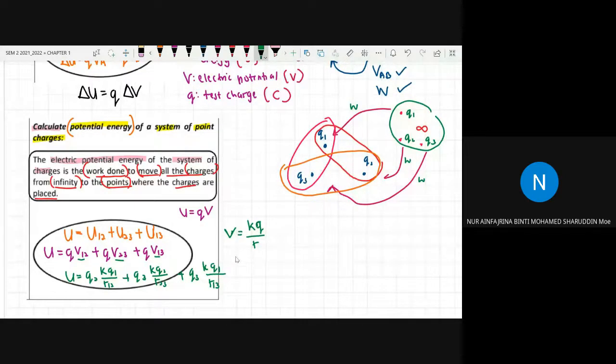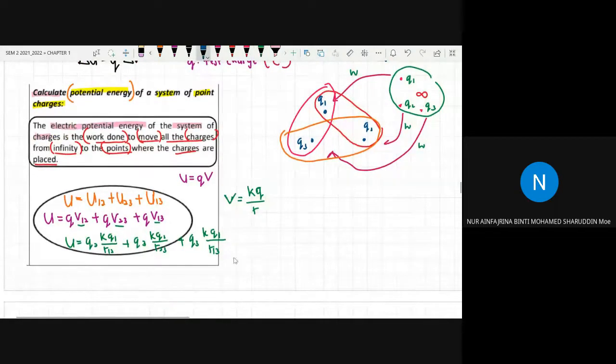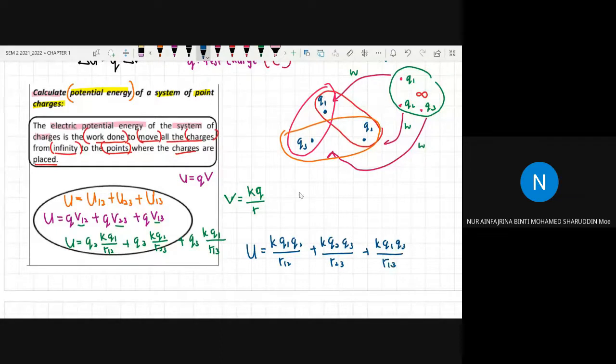Dan ataupun bila Miss tulis dalam bentuk yang betul-betul untuk bagi faham, dia akan jadi U equals to KQ1 Q2 over R12 tambah KQ2 Q3 over R23 tambah KQ1 Q3 over R13. So inilah cara untuk cari electric potential energy of a system of point charges.